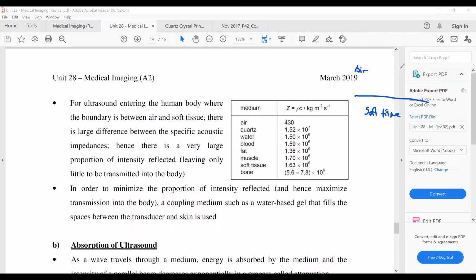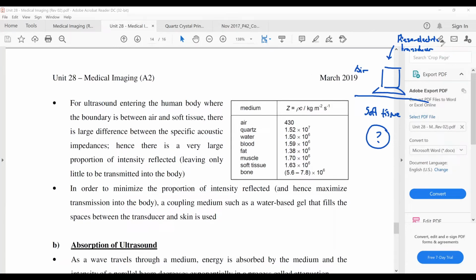Now, say you want to use ultrasound to scan inside your body, which consists of soft tissue. This one here being your piezoelectric transducer. This is the one that generates your ultrasound.